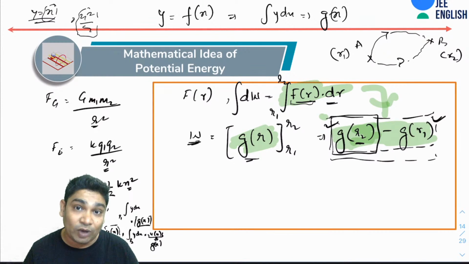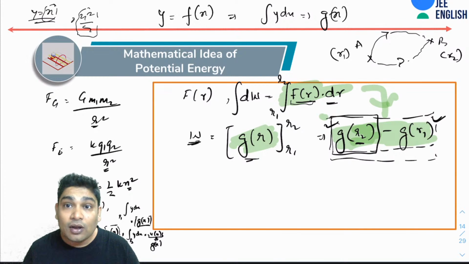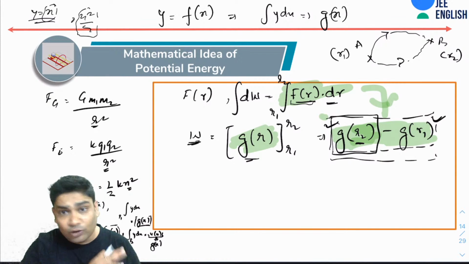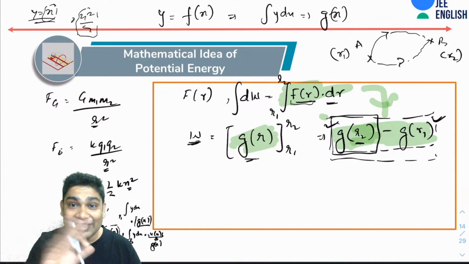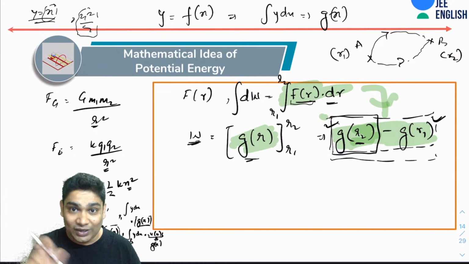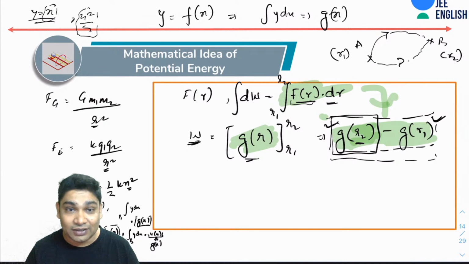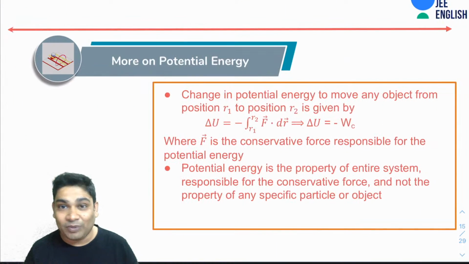If I just know the formula for potential energy of every conservative force, I don't have to integrate things anymore. All I need to do is, I know the formula, I will find the change in the value of that quantity, and that will always give me the work done. So it's just for mathematical ease that we start using this concept of potential energy.